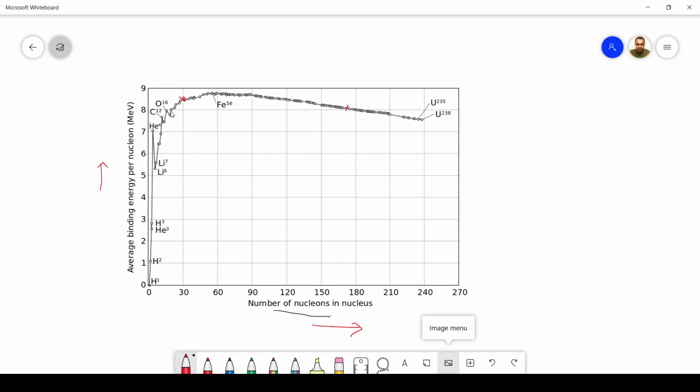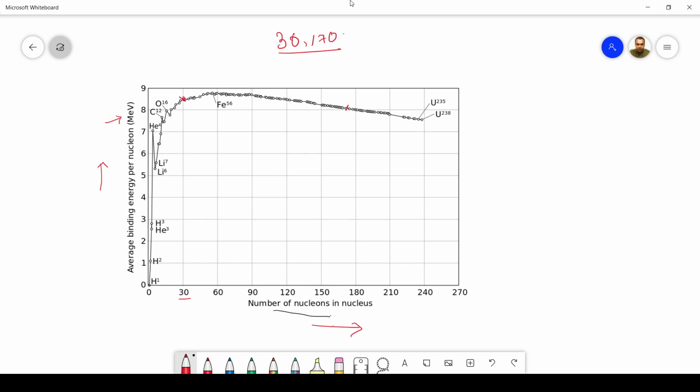Constant means the value lies between 8 and 9 mega electron volt. You don't see any drastic change when the number of nucleons is between 30 and 170. The average binding energy per nucleon is almost constant.